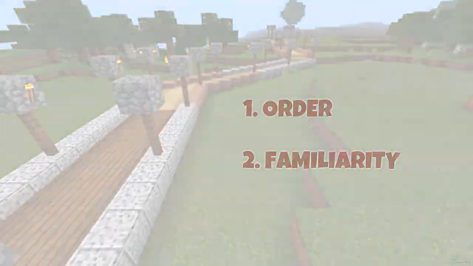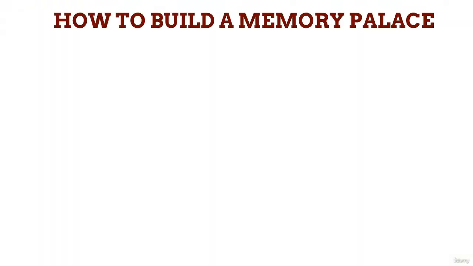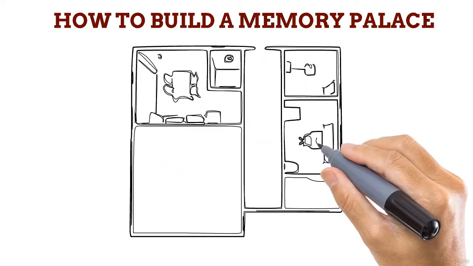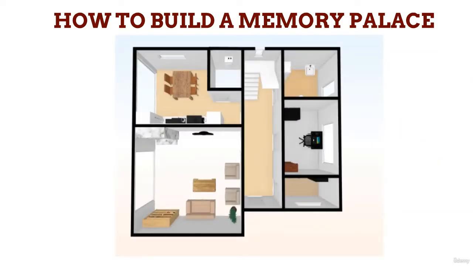Now, let's see how to create a memory palace. Building a memory palace is a very simple process. You already have several memory palaces in your mind, but you probably have not yet considered them. Your main memory palace can be your home because you know all its details. Begin by sketching your house on a piece of paper. Then, decide a definite route from the entrance to the last room.